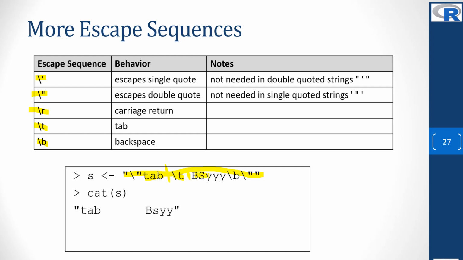Then the words B, S, and Y, Y, Y, and then a backspace, and then an embedded quote. And so you can see there were 3 Y's here, but the backspace escape character works as intended, and it backspaces over the 3rd Y, so you end up with 2 Y's in this, and then the embedded quote.